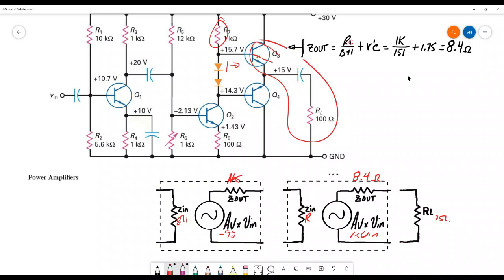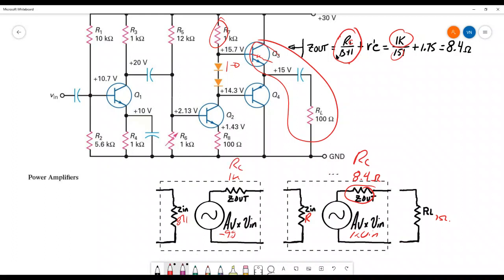Here's the problem with this approach. This Zout is essentially, and by essentially I mean it's driven a lot by the 1K over the 151. So this Zout is from RC. Well, this Zout over here is also RC.